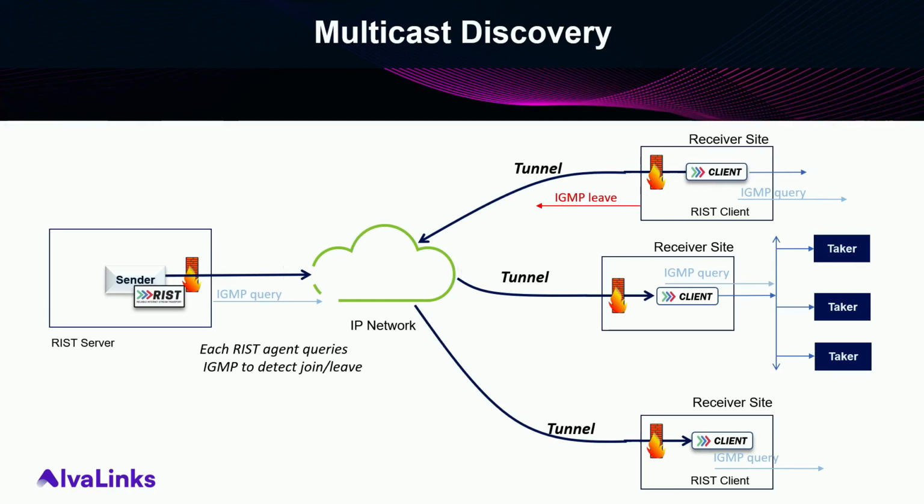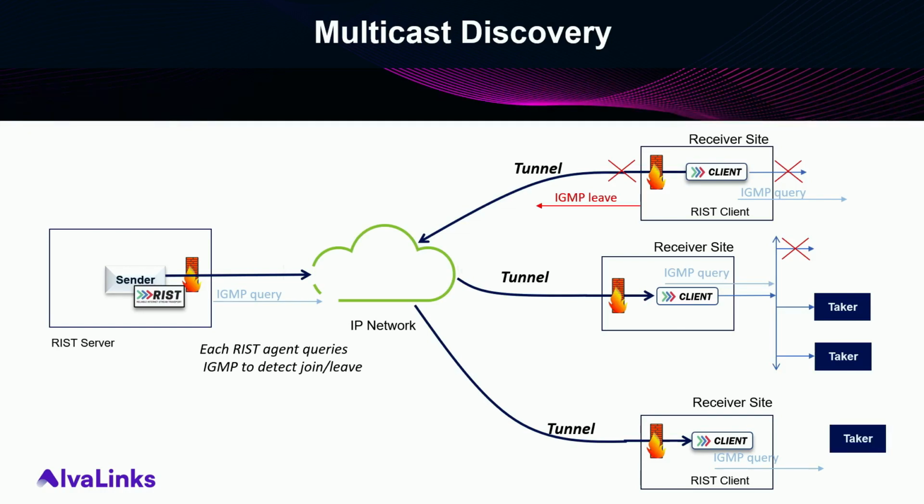This is an example, just to visualize that. The taker doesn't want to consume the data anymore. It issues an IGMP leave. We stop the stream. Now on this side, a taker was dropped, but we have other takers that still consume that content. So we continue to work as before.